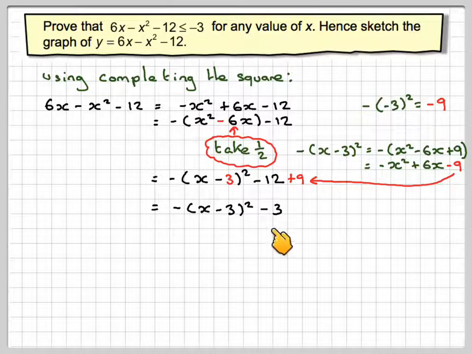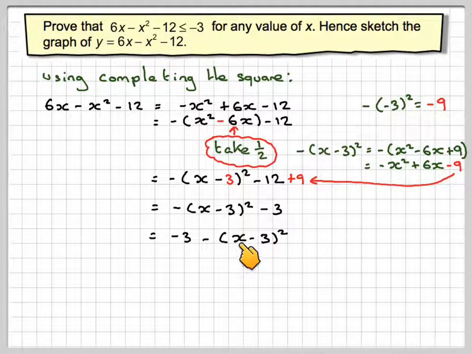Right, if we rewrite this and put this minus 3 at the front, we get minus 3 minus x minus 3 all squared. Now this will always be positive. Its lowest value that it can take will be 0 when x is equal to 3. For all other values of x, it will be positive and it'll be squared.